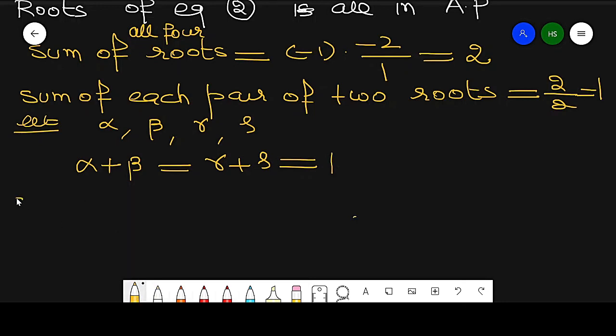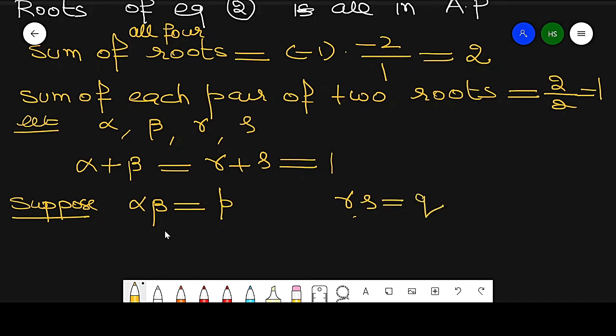Now suppose the product of these two roots is equal to small p, and the product of these two roots is equal to small q.